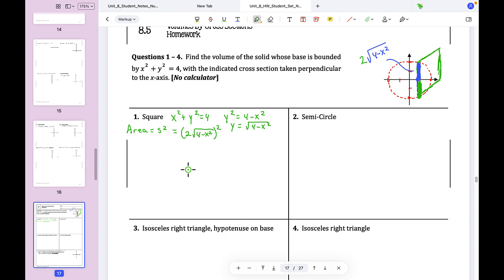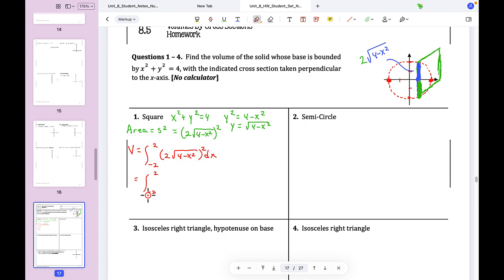Then we have to figure out the base. Where am I getting the base from? This base is the side of a square. So now let's go back and finish our integration. Volume equals the integral. This is perpendicular to the x-axis, so we're doing the x values, integrating from -2 to 2 the area function, which is 2 times the square root of 4 minus x squared, squared, dx.